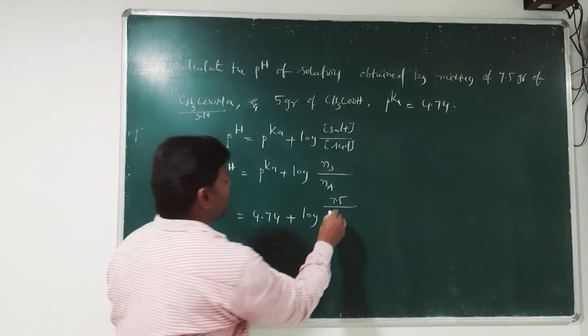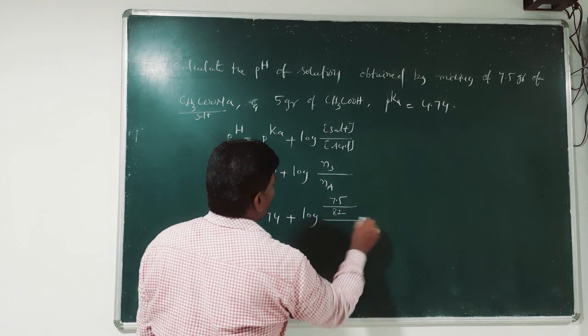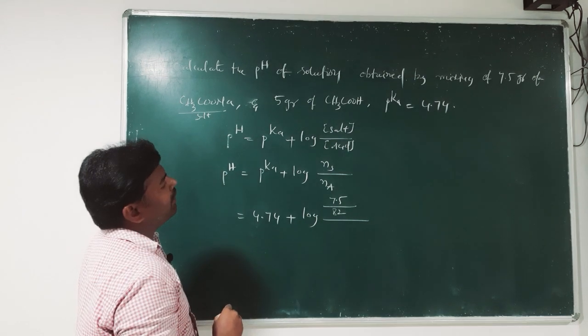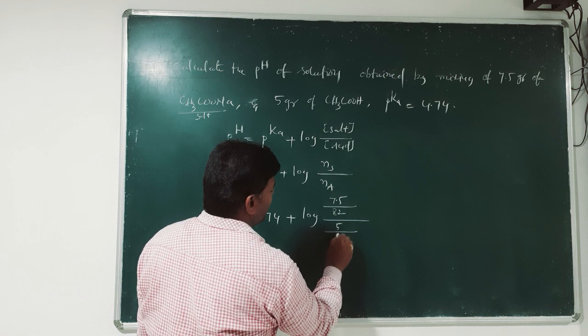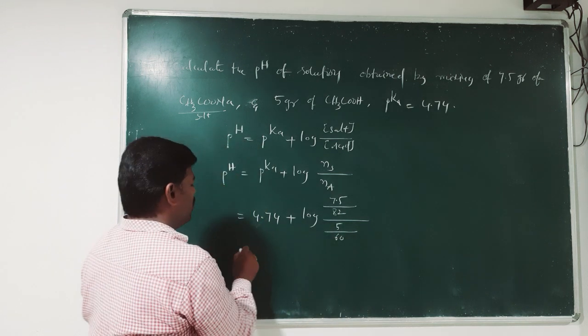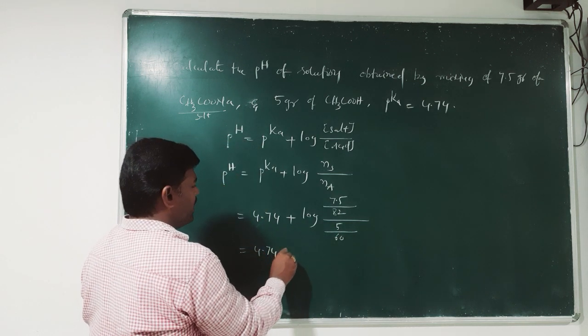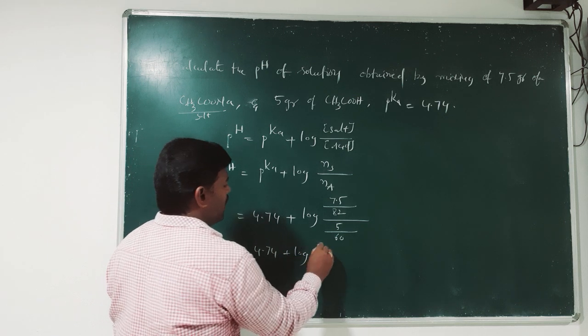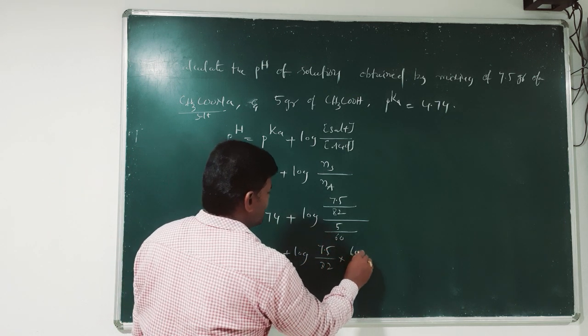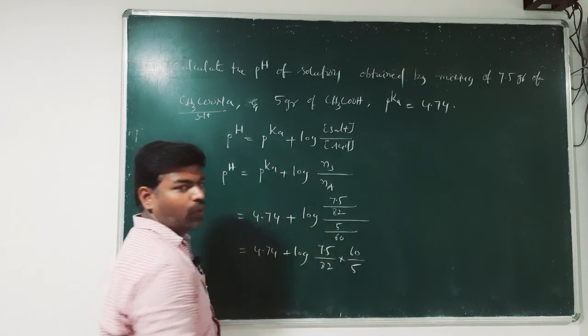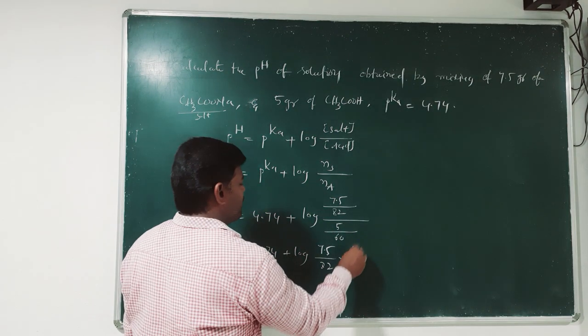The weight of acetic acid is 5 and its molecular weight is 60. So in the next step, 4.74 plus log of (7.5 by 82) into (60 by 5).